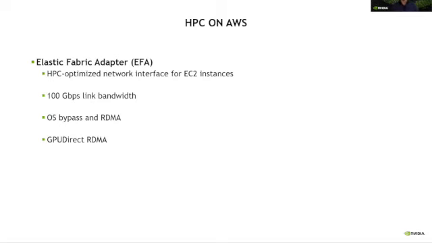EFA is this HPC-optimized network interface introduced by Amazon for EC2 instances. It provides 100 gigabit per second link bandwidth. It has OS bypass and RDMA capabilities, similar to InfiniBand, for instance. And it also supports GPU direct RDMA on certain instance types to enable direct communication between GPUs on the cloud.